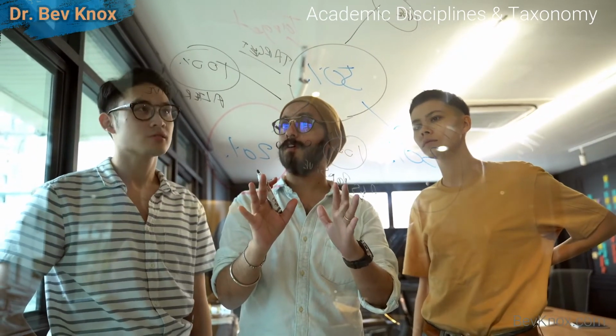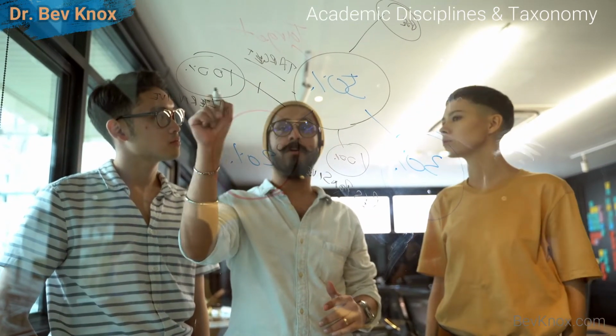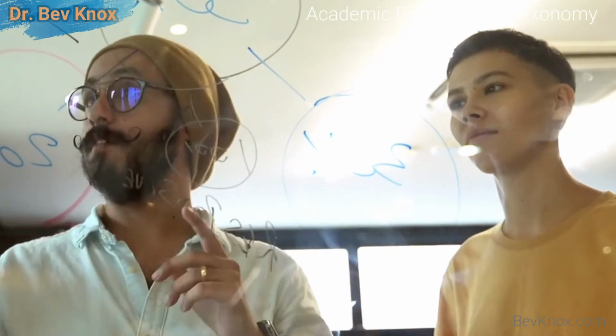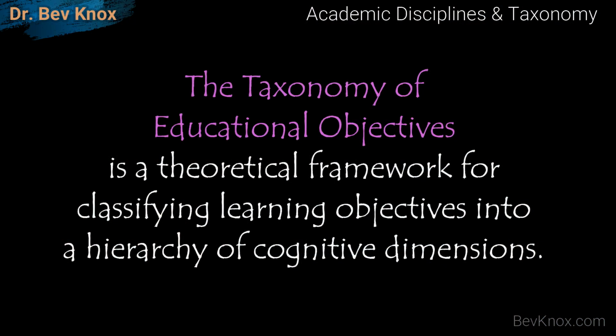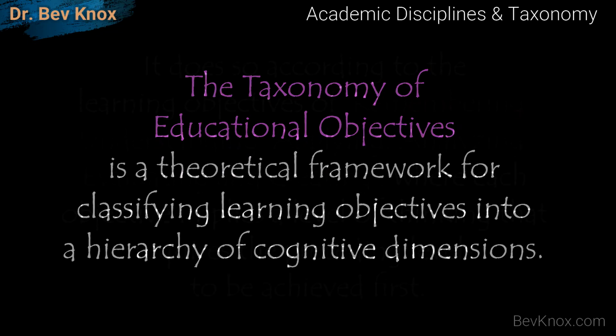Just think of categories or groups. Okay? All right. So the Taxonomy of Educational Objectives, once again, is a theoretical framework for classifying learning objectives into a hierarchy of cognitive dimensions.